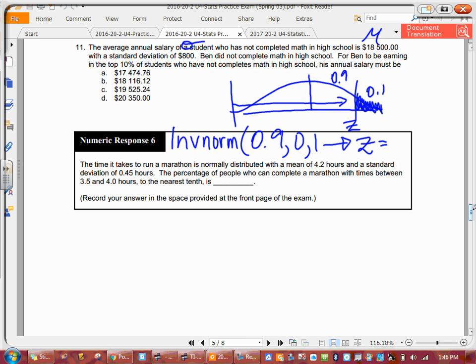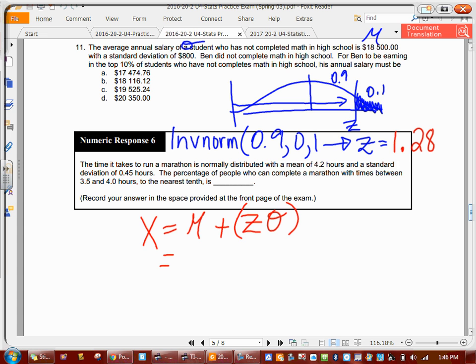Now what we got to do is find the x value. We don't know. So x equals mean plus z times standard deviation. So our mean is 18,500 plus the z-score, 1.28 times standard deviation of 800.